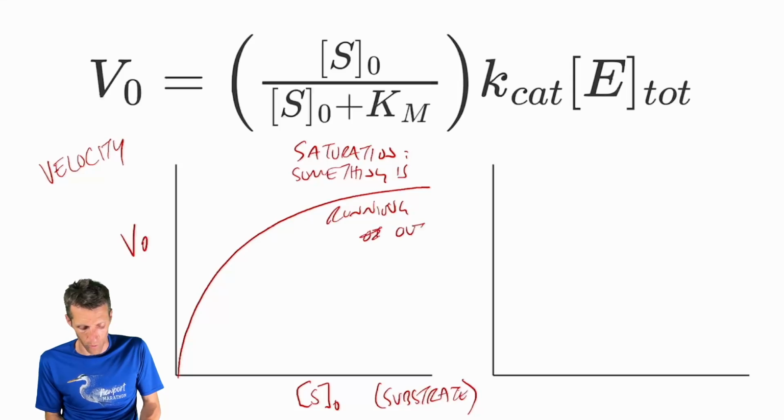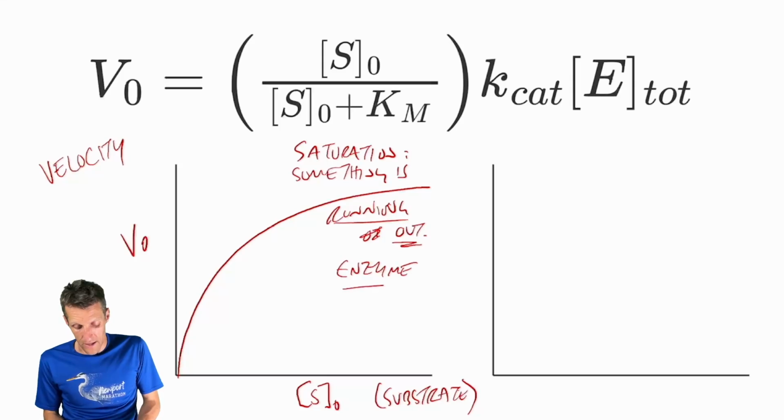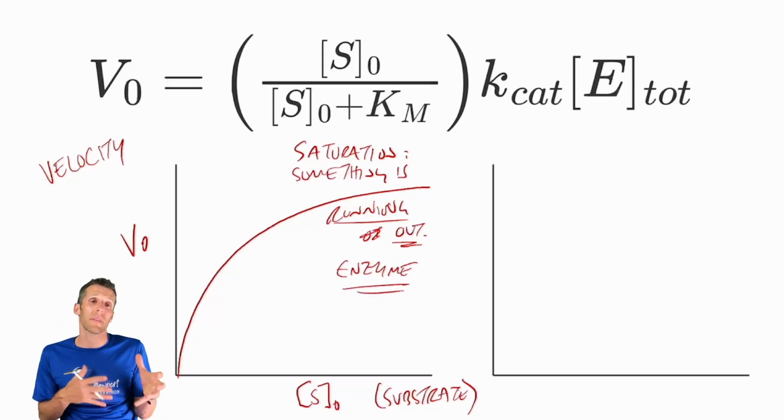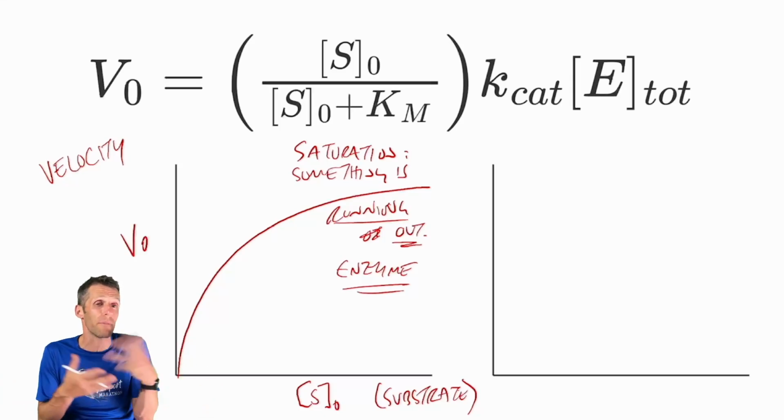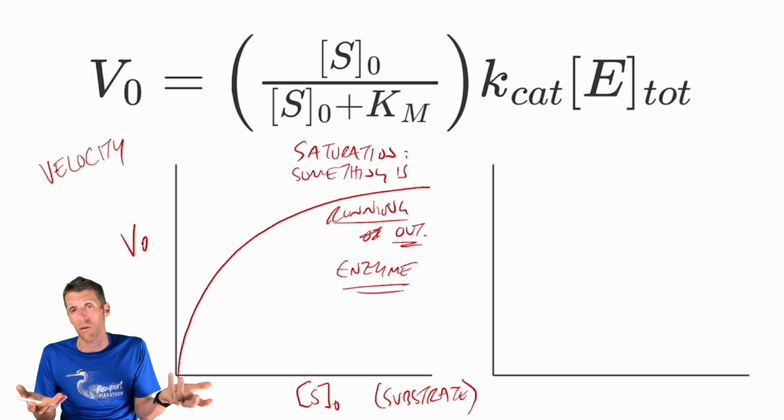Wow, that is terrible writing even for me. Something is running out. We're running out of something in this situation. What are we running out of here? We are running out of enzyme. That is the key thing that this models. It models the fact that there are a finite number of enzymes. There's not an infinite number of enzymes in a cell. If you add enough substrate, eventually you're going to run out of enzymes.